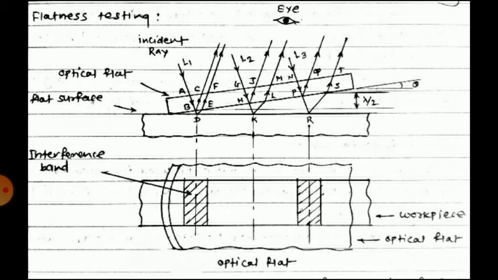Now you can see the top diagram. Ray L1 follows the path AB. At B, part of the ray is reflected to follow the path BC, while the remainder continues along the path BD.